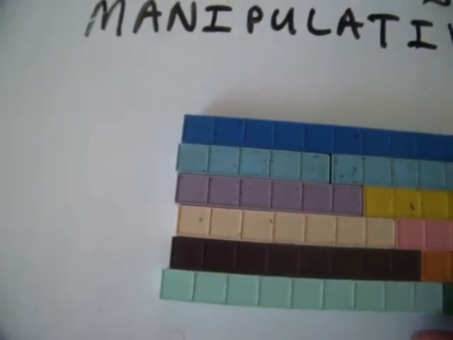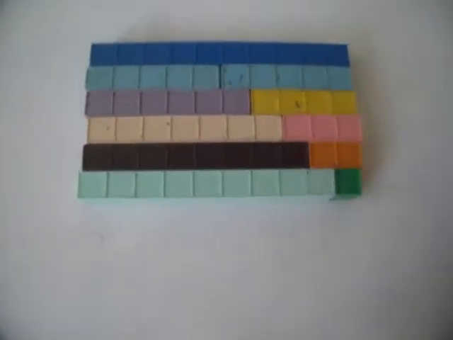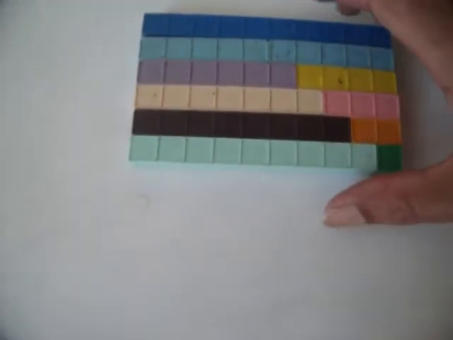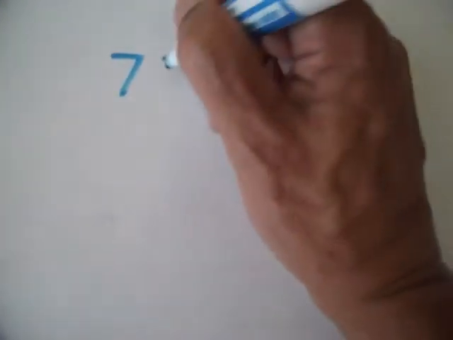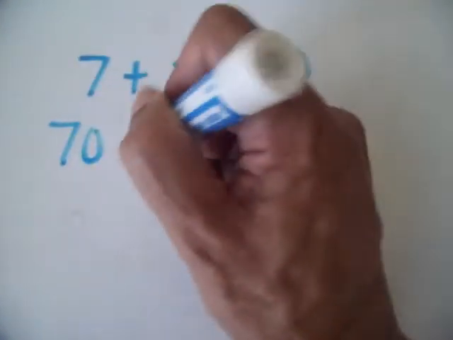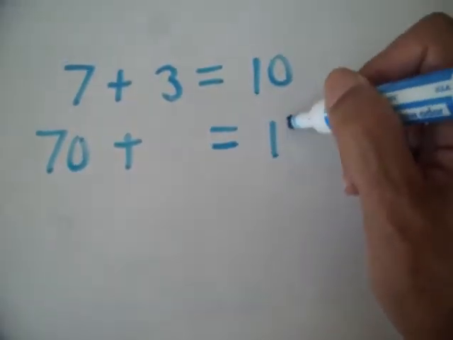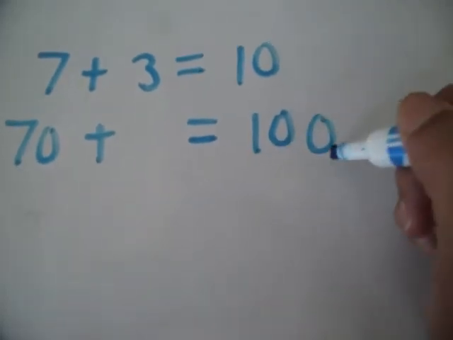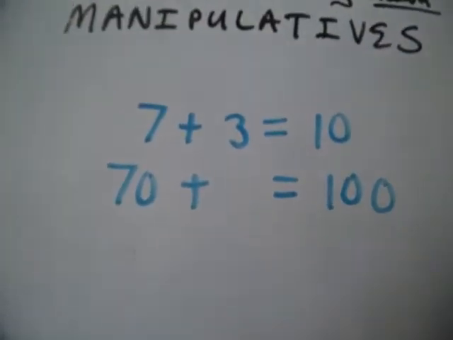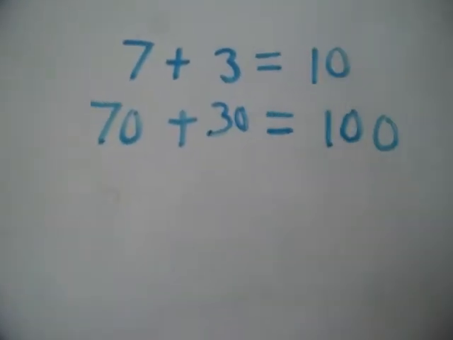Build all 45 atoms. I'm just doing this to show very quickly in case this is the first time you've ever seen it. We're making numbers out of other numbers, and then all these numbers want to be 10s. I just did this with a bunch of first graders, where they start seeing that 7 plus 3 is 10. 70 plus how many is going to be 10 tens, 100? 30.